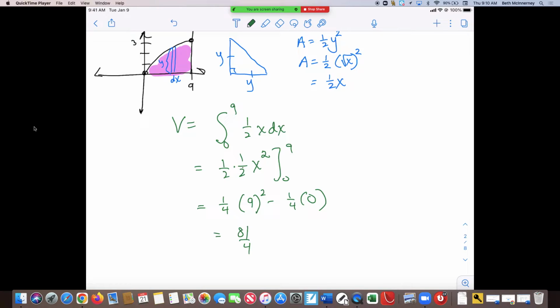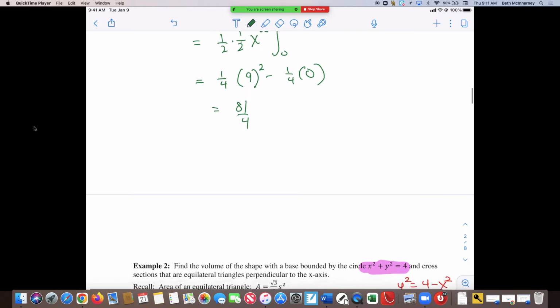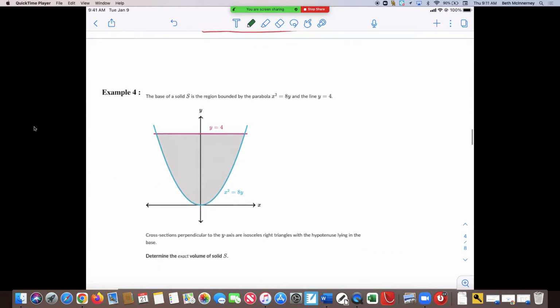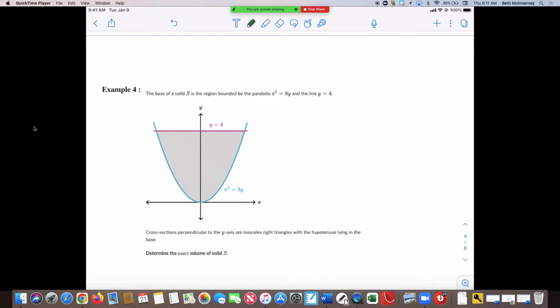Okay, so now let's find, I think it's example 4. Example 4 says the base of a solid S is the region bounded by the parabola x squared equals 8y and the line y equals 4.